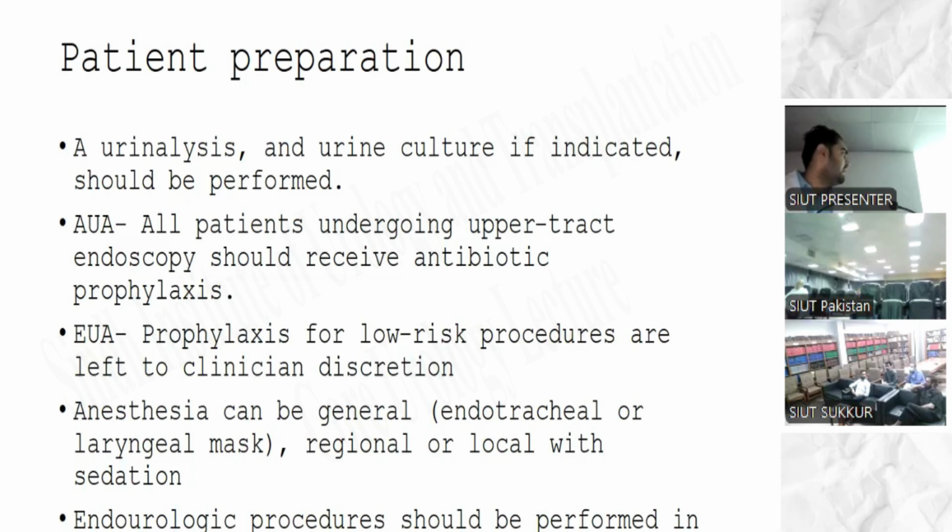Regarding EAU guidelines for low risk procedures, it is at the discretion of the clinician whether to use antibiotics. For anesthesia, it can be endotracheal or through a laryngeal mask airway, that means LMA, or regional, or local with sedation. And this urological procedure should be performed in a sterilized and fully equipped room.